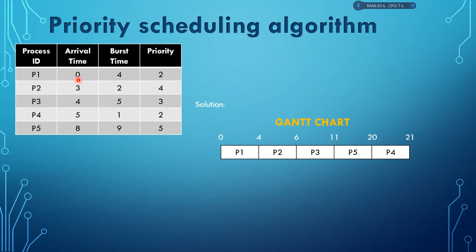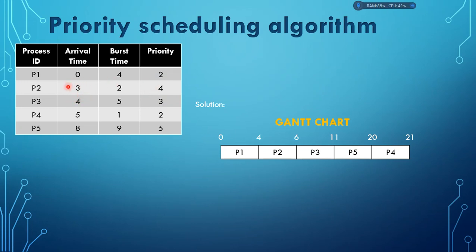P1 has the burst time of 4 milliseconds. Even though its priority is only 2 and P2's is 4, the one that will be processed is P1 because it is the first one that arrived to the CPU.